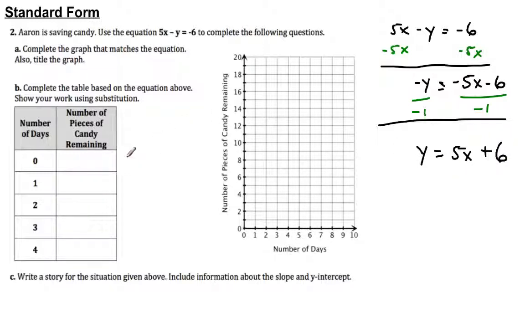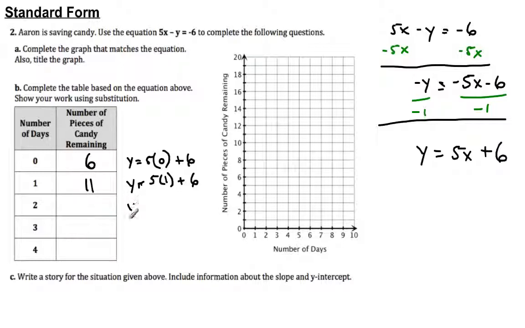Now, let's go ahead and fill out our table first. After 0 days, how many pieces of candy remain? Well, that's going to be y is equal to 5 times 0 plus 6, or 6. After 1 day, y is equal to 5 times 1 plus 6. So 5 plus 6 is 11.